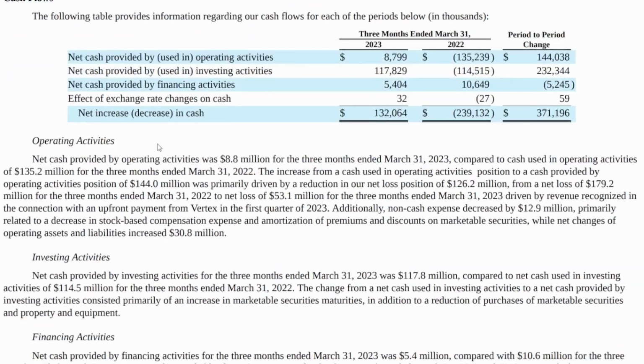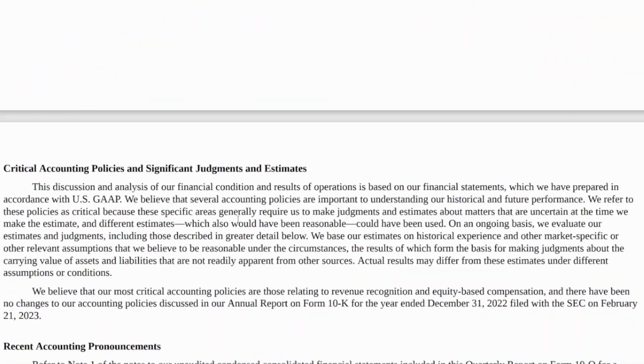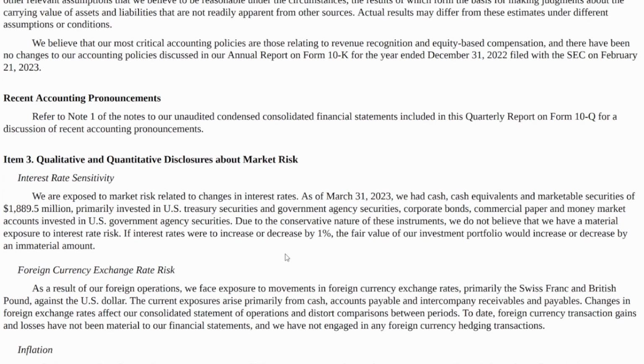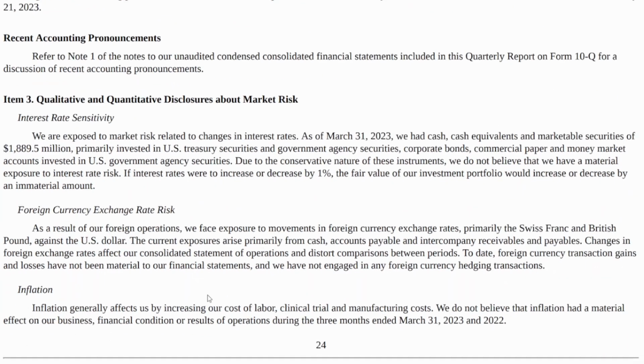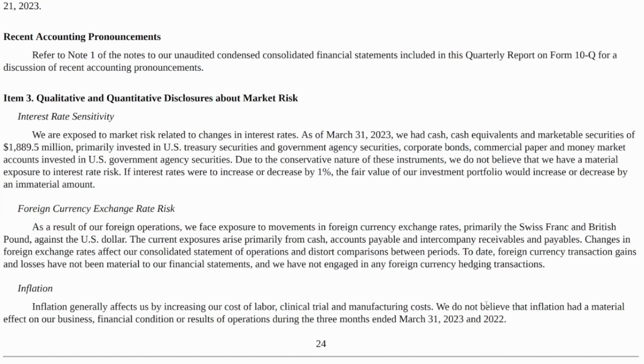They talk about some other stuff like some risks. They mention inflation here, where they don't think inflation is going to be a big negative for them. But they talk about the foreign currency risk because this is a Swiss company. The exchange rate could be a negative, but they're just recognizing it.